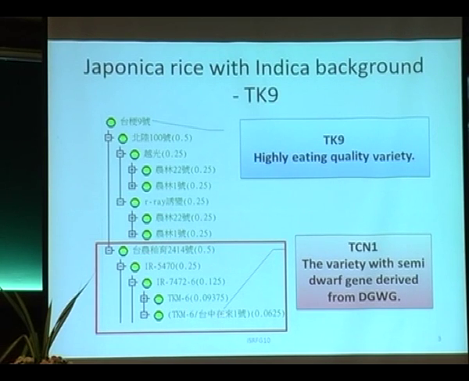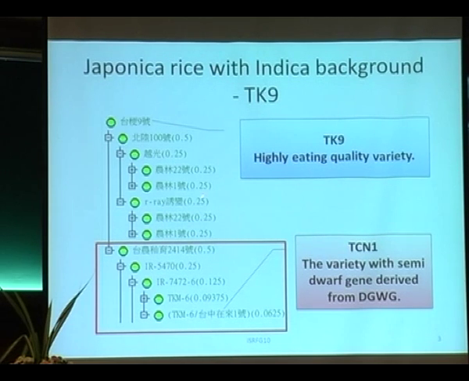And in this pedigree, we can find the famous TCN1, that's Taichung Native 1, the variety with the semi-dwarf gene.